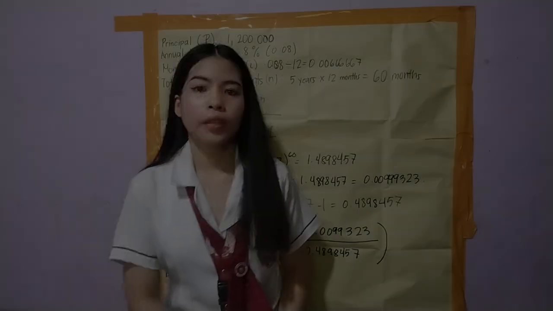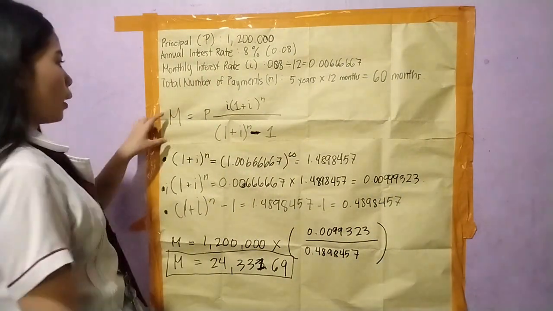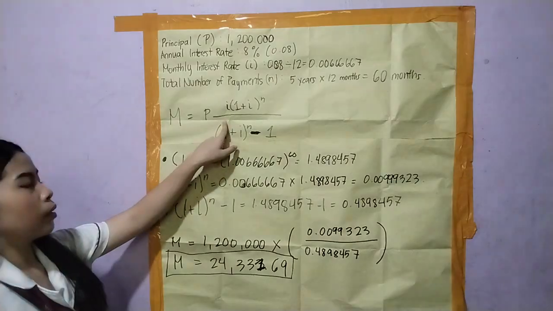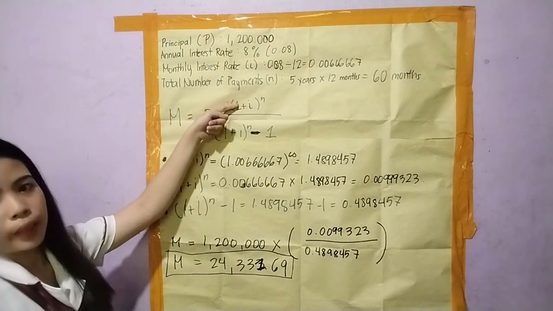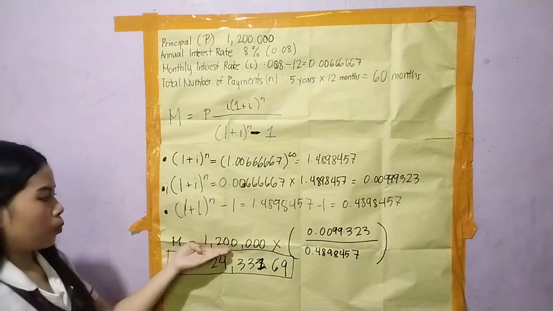Our formula earlier is M equals P times the numerator divided by the denominator.